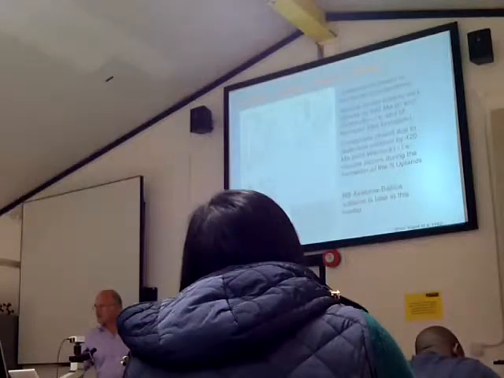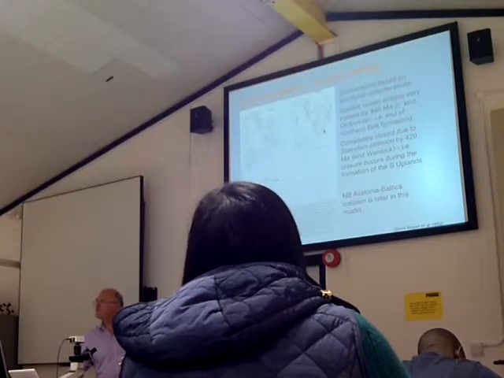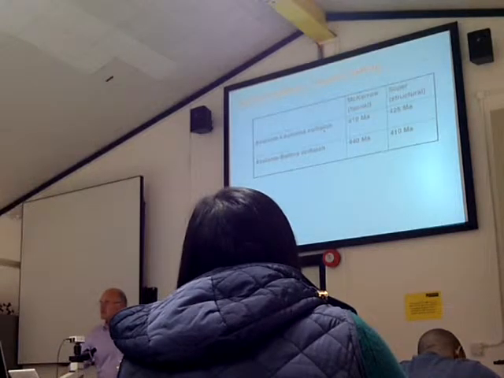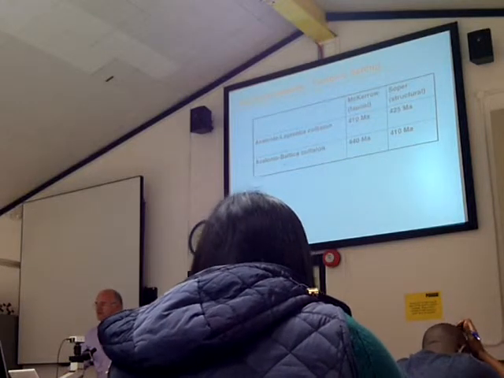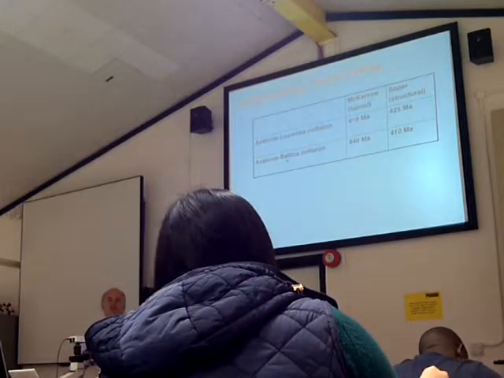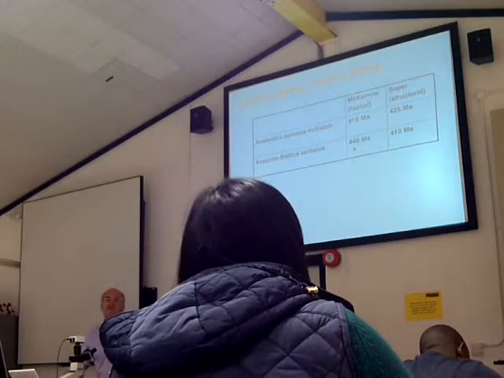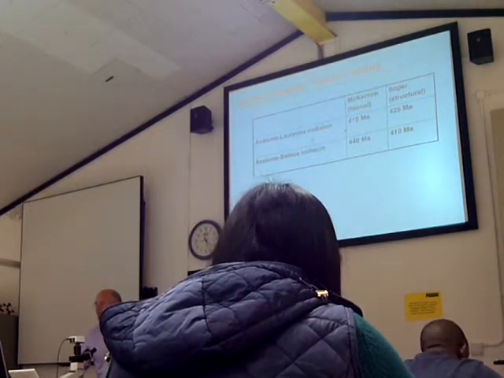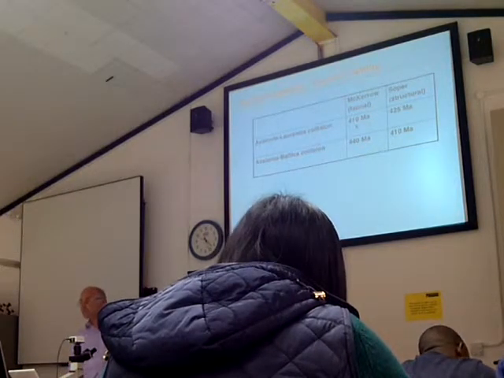And the thing to note about this model is that collision between Avalonia and Baltica is later than it was on the faunal model. So we can contrast these two models. The faunal model suggests collision between Avalonia and Baltica in the late Ordovician, perhaps, and then collision with Laurentia in the Devonian, 410.